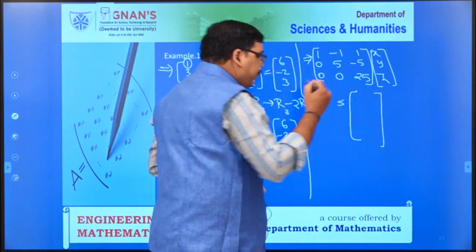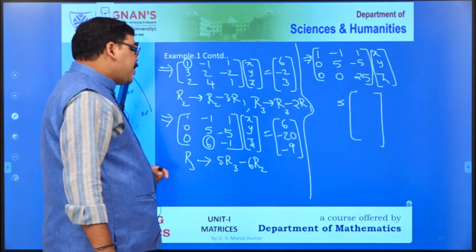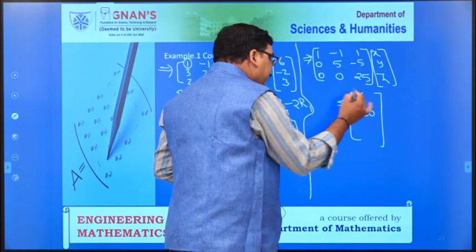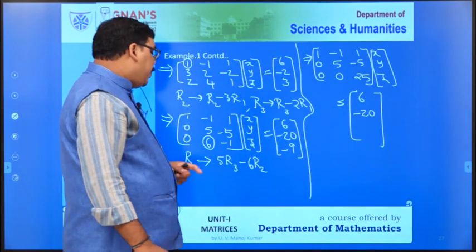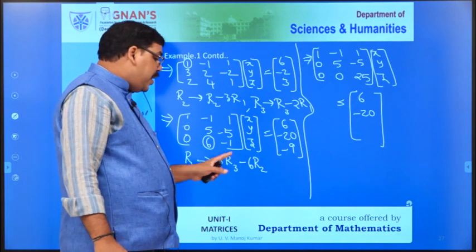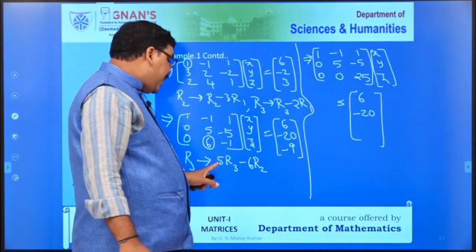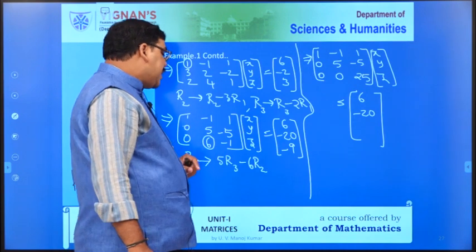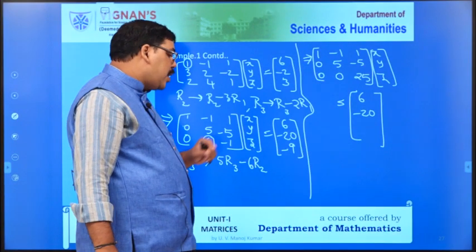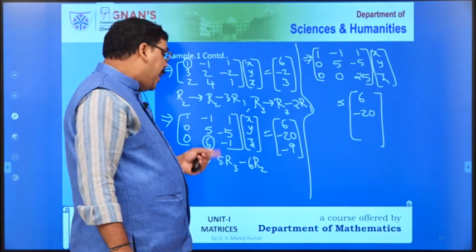What happens to B? B becomes 6, minus 20, and if you apply this row operation, 5R3 minus 6R2: 5 times R3 is minus 45, 6 times R2 is minus 120.